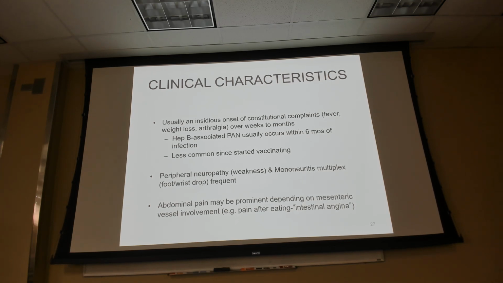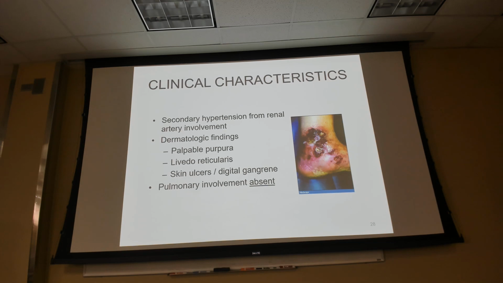So that would present with pain after they eat, so they fill up and then have that. Secondary hypertension from renal artery involvement. So you can see there's purpura, livedo reticularis, ulcers, and gangrene. Not in our lungs.